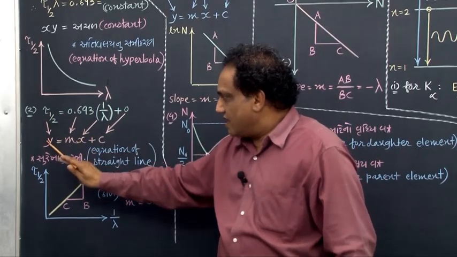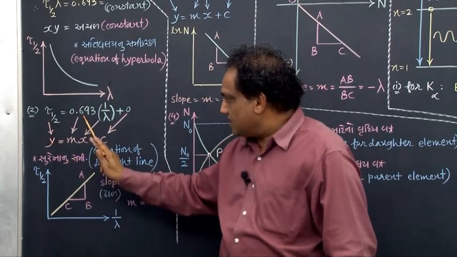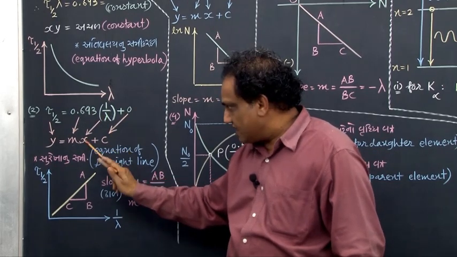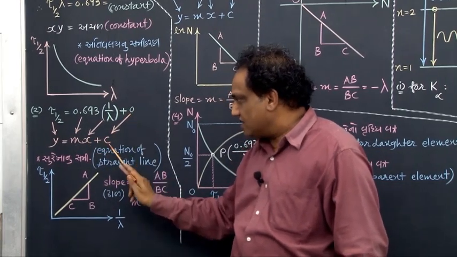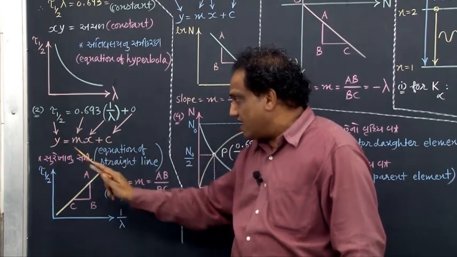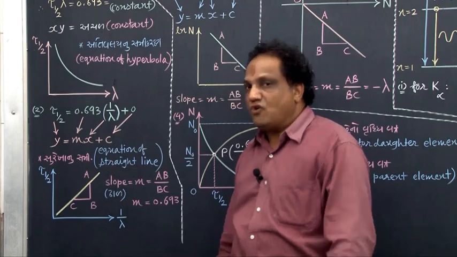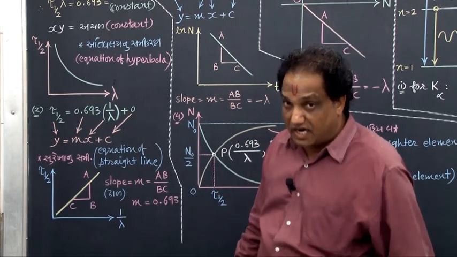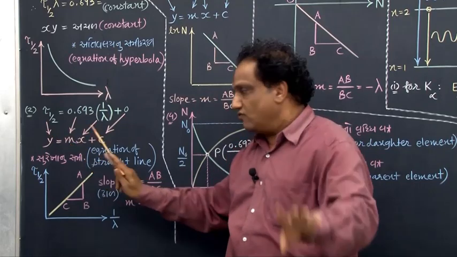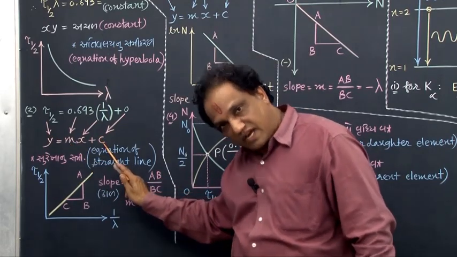Match this with y coordinate, this with m, this with x coordinate and this with c, and then you will find this equation very much like y equals to mx plus c, which is nothing but equation of a straight line having slope m and having intercept on y-axis equal to c, correct?